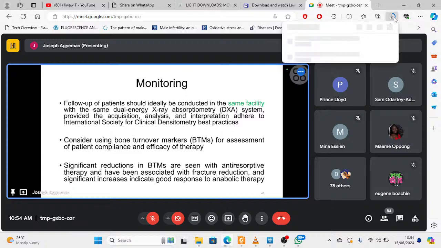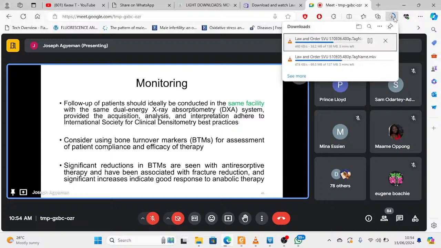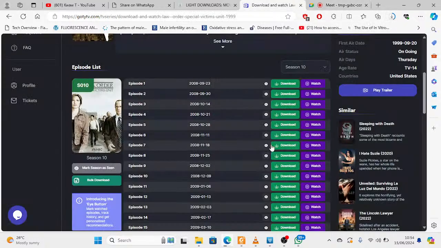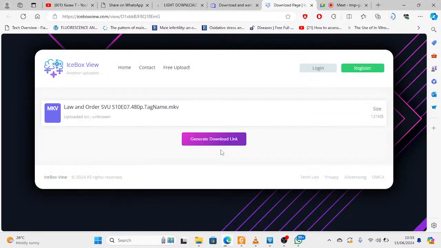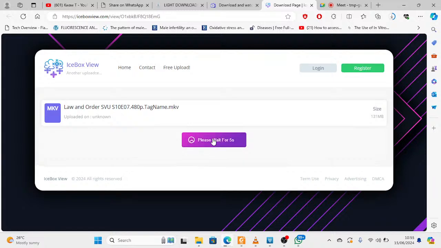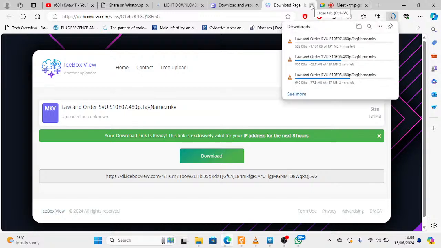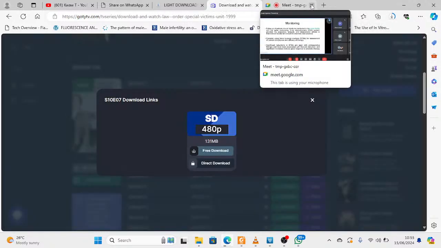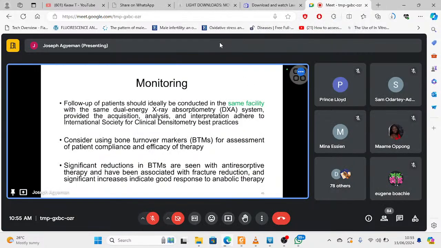So normally it is preferred that you use the same machine that you used initially for the baseline and further assessment. It doesn't matter even if you go to the same hospital. If they've changed the machine, it can also affect because it's not the same machine. So the hospital doesn't actually matter. But you have the chance of using the same machine if you utilize the same hospital. So that is one disadvantage when it comes to dual energy X-ray absorptiometry.